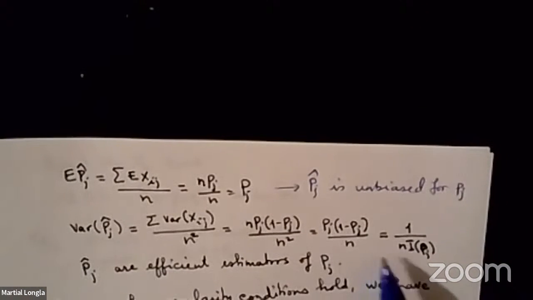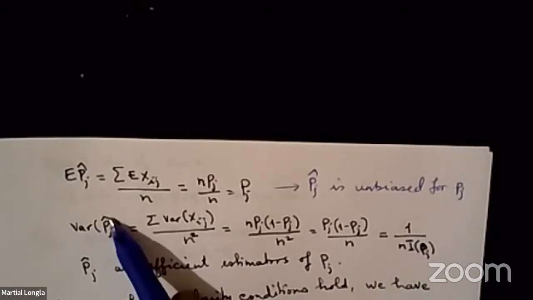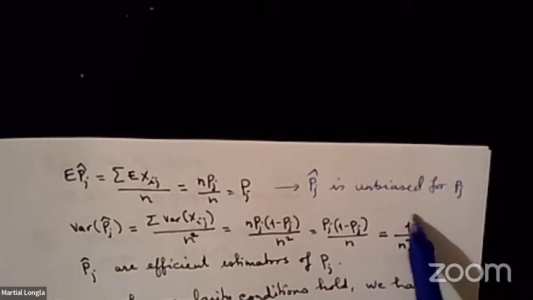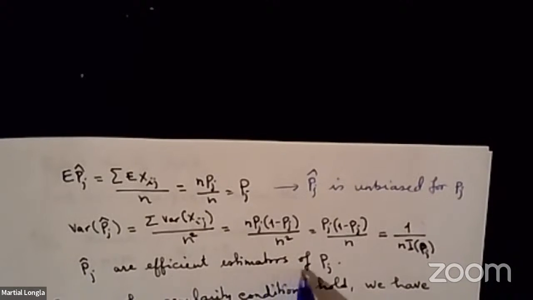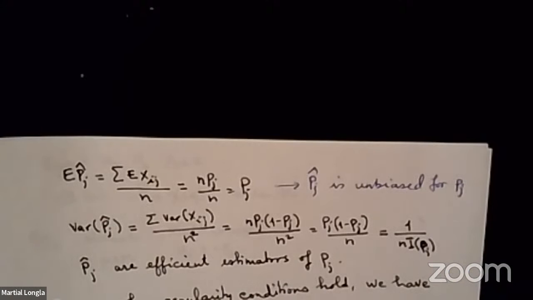So this really means that this estimator of Pj achieves the Fisher, the Cramér-Rao lower bound, and therefore P hat J form efficient estimators of the Pj's. So you need to be very careful with this. That's what I wanted to say.